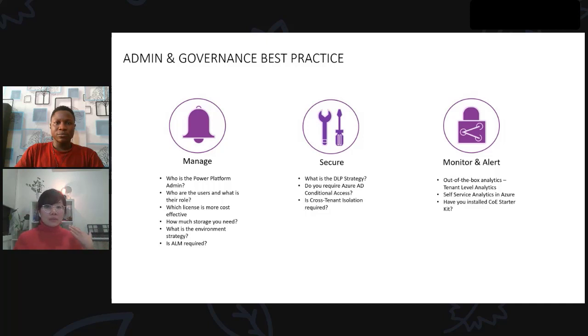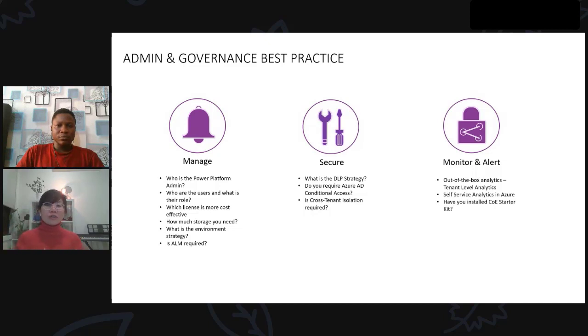And then from environment strategy, you'll make decisions about other related things, like is ALM required. ALM is application life cycle management. If you have a full-fledged dev, test, prod, then you need to have a DevOps pipeline. You need to have a structure for how to do your application. Maybe it's a 2-week sprint, and every 2 weeks you have new features deployed.